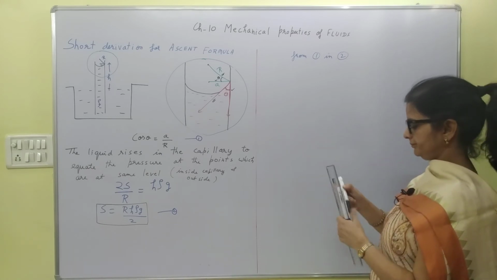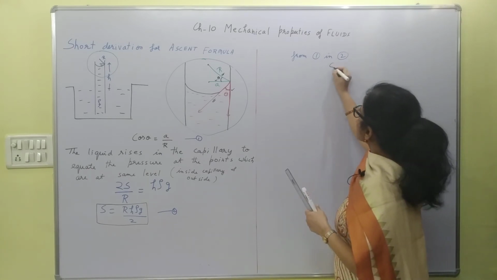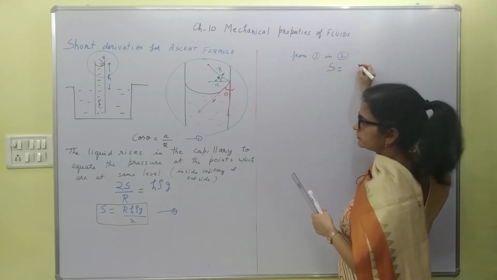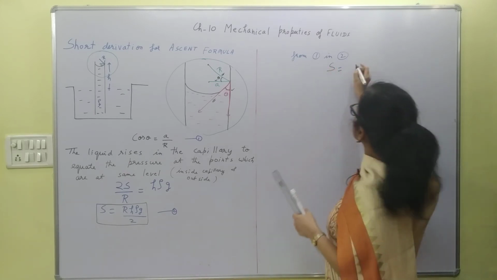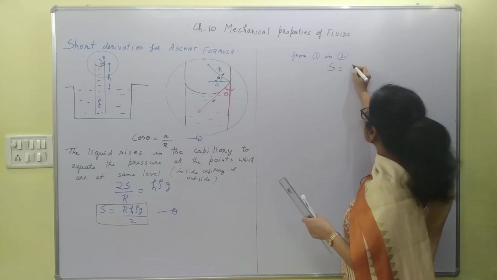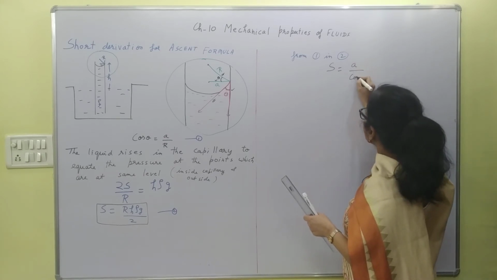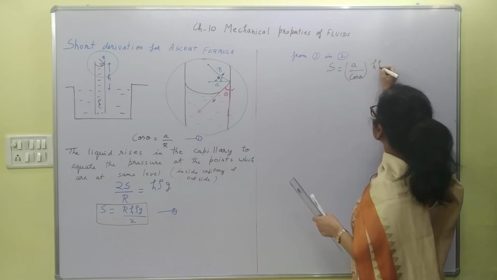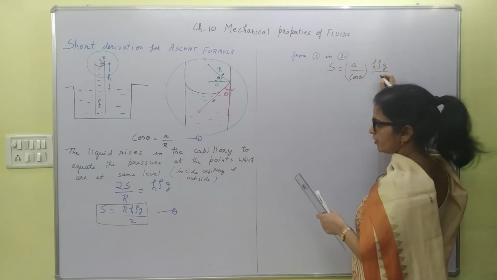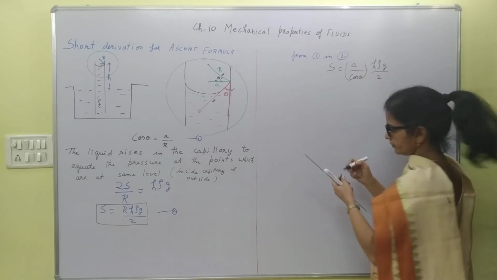You can write surface tension is equal to, R is equal to A upon cos theta. So this is A upon cos theta. We have placed the value of R, H rho G upon 2.